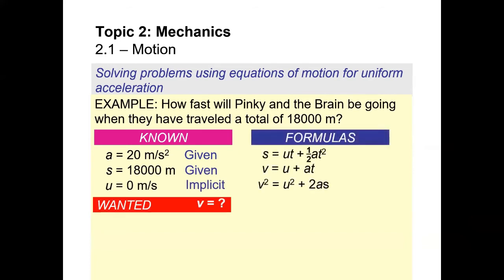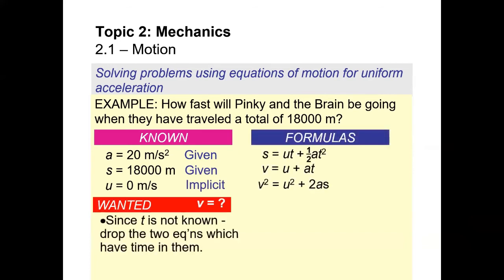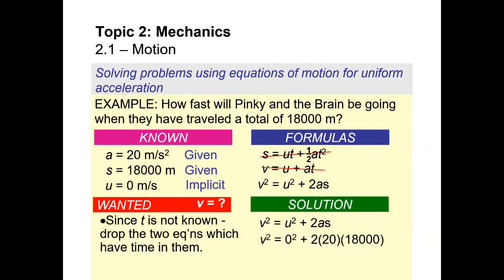Formula: since t is not known, we cross out the 2 equations which have time in them. Timeless formula: initial velocity 0, plus 2 times acceleration 20, and the displacement is 18,000. So final velocity is 849 meters per second.